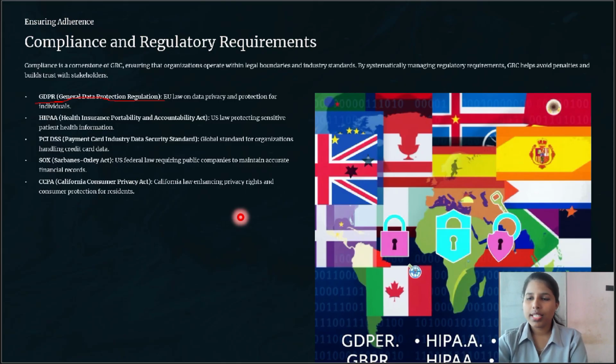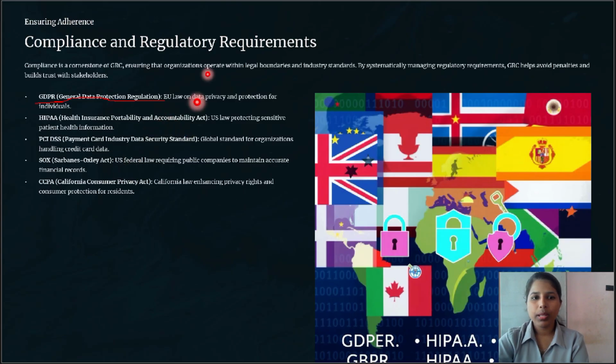GDPR applies to any organization that collects or processes the data of individuals within the EU, regardless of where the organization is located. For example, if in India we are collecting Europeans' personal details, we have to follow the GDPR rules. So the main purpose is data protection law across Europe.